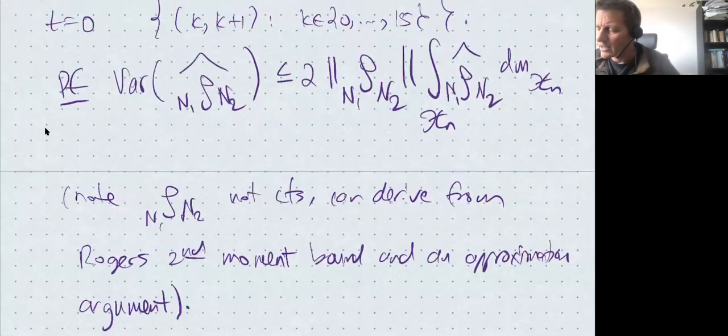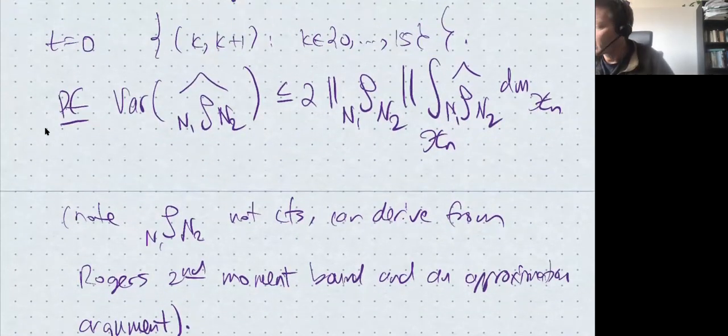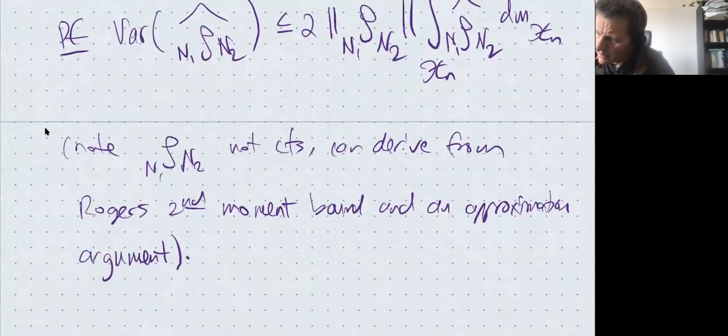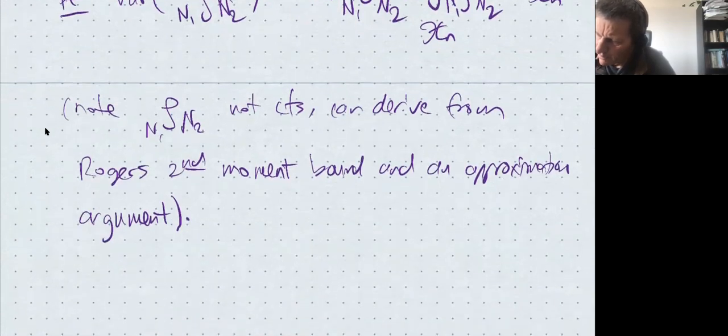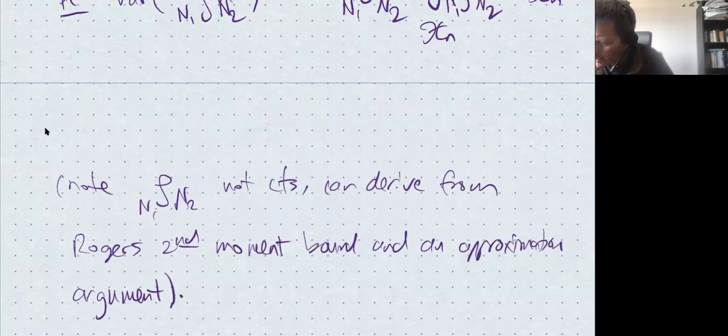Other than that, this inequality that is written down here is exactly the Rogers second moment bound. And let's maybe move this remark further down a little bit and add a few lines to this inequality.